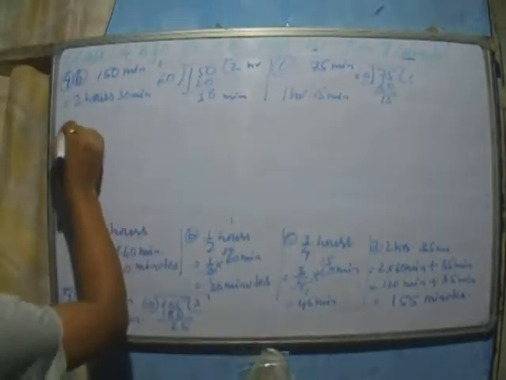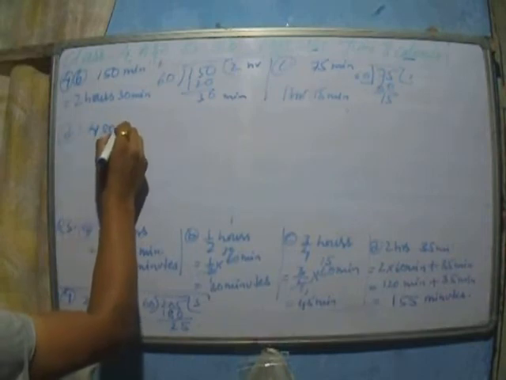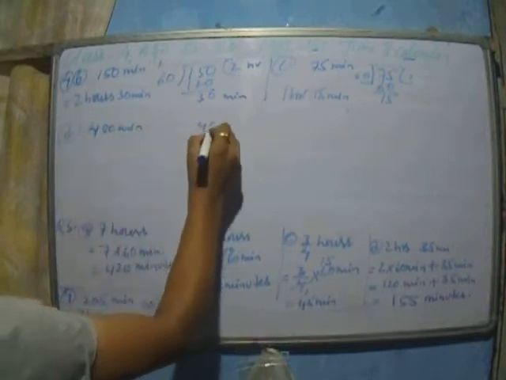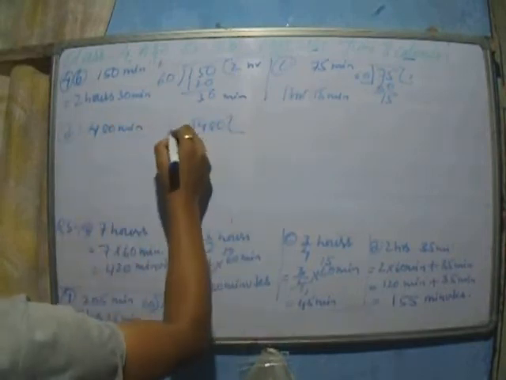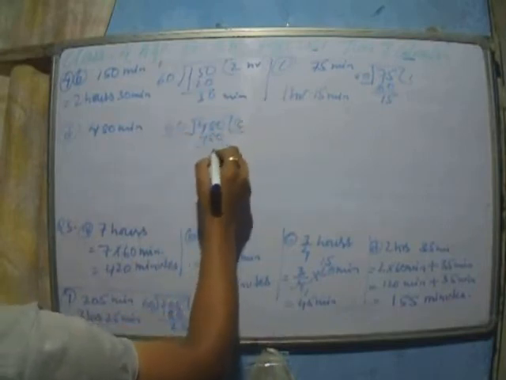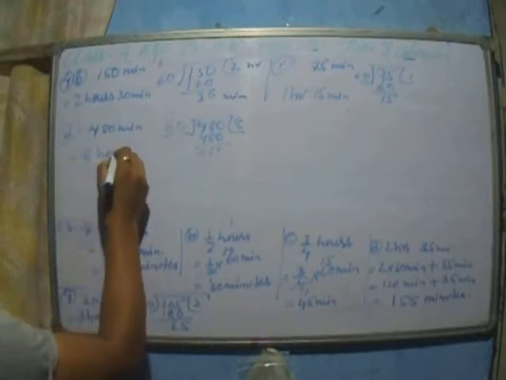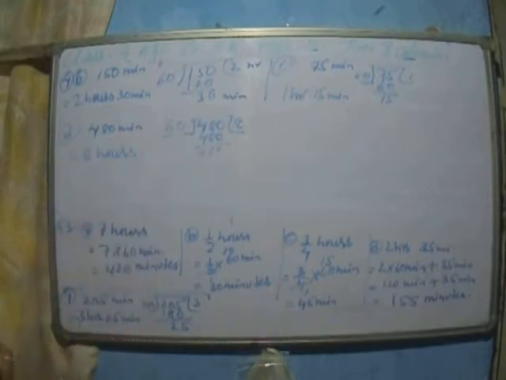Number D is 480 minutes. So 480 divided by 60. 6 times 8 is 48. So we get 8 hours. So this is the last question of this exercise 10D. Now we are moving towards exercise 10E.